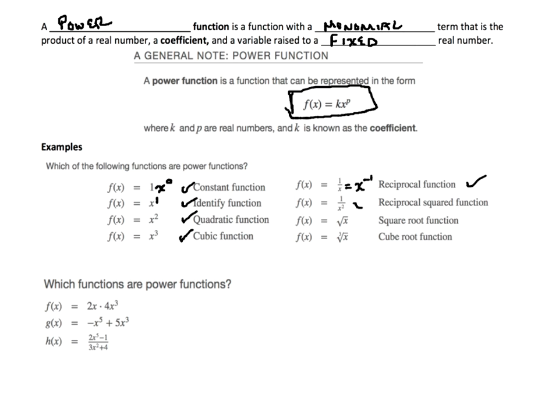Same thing for reciprocal square. This is the same thing as x to the negative 2. And then we have the square root of x. That can be rewritten as x to the 1/2 power, also a power function. And the cube root of x is x to the 1/3, also known as a power function.